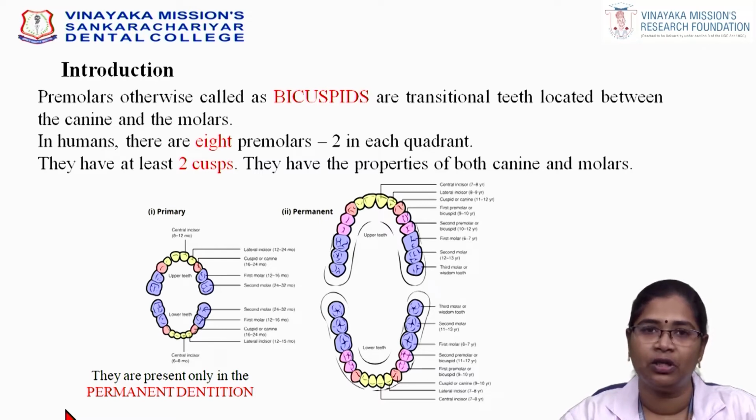If you see this picture, the yellow color marked teeth are the incisors. They are present in the primary dentition as well as in the permanent dentition.